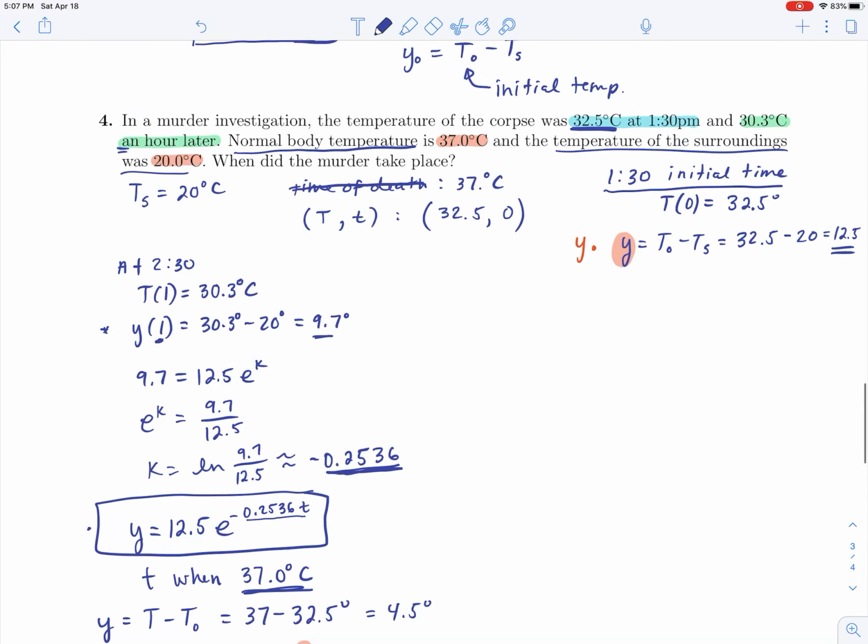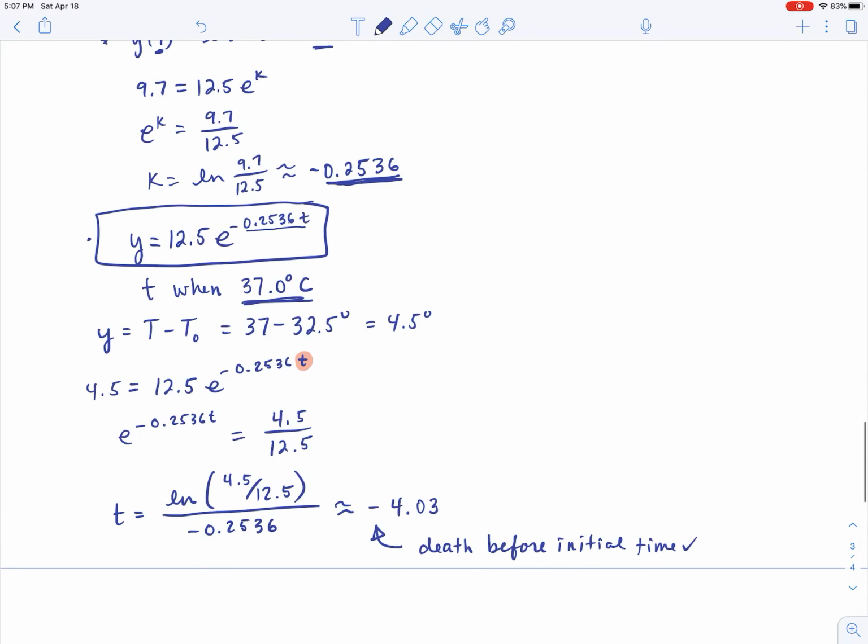And initial time was at 1:30. We're just going to call this 4. So this will be 4 hours before 1:30. So let's see, 12:30, 11:30, 10:30, 9:30.